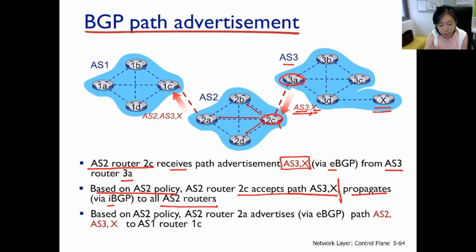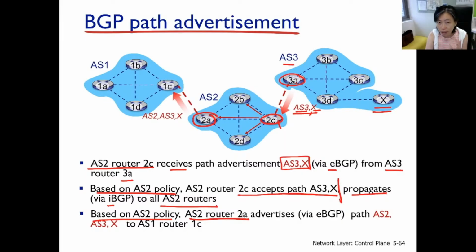And then 2A here, receiving such a path, can then prepend itself and pass it further to the neighboring ASs. But wait, the export policy is applied here before passing on the advertisements. Let's check.